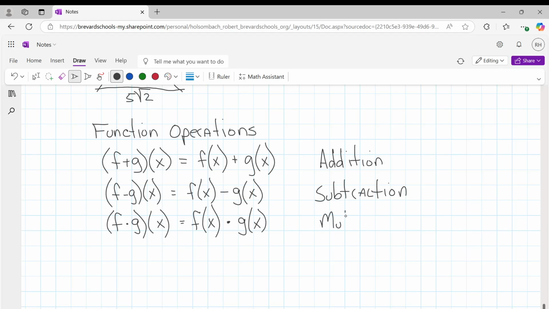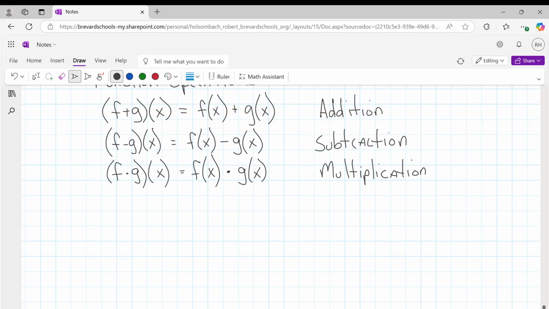That, of course, is for multiplication. And f divided by g of x is equal to f of x divided by g of x. And that's division.